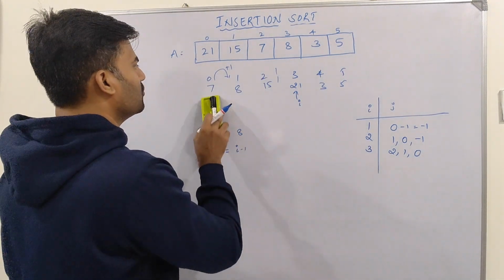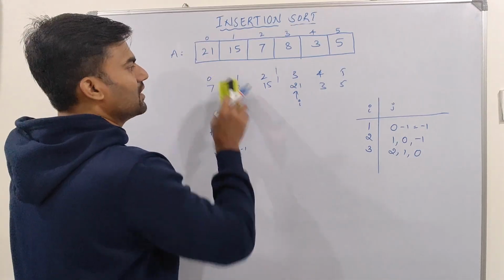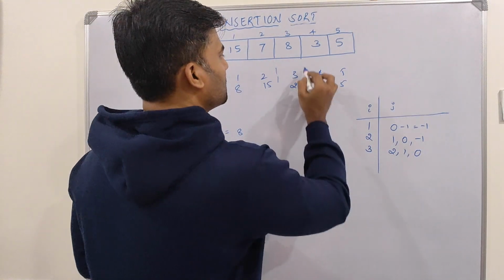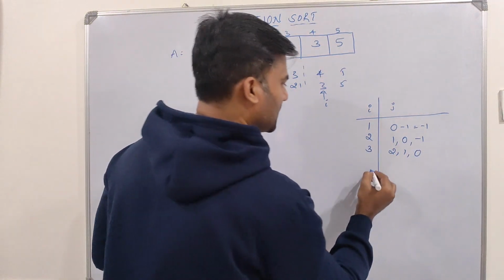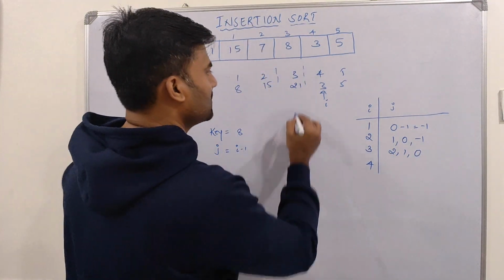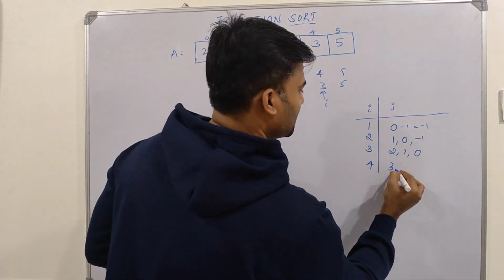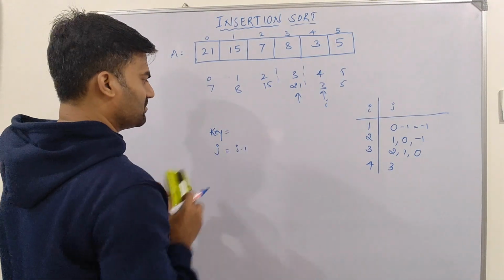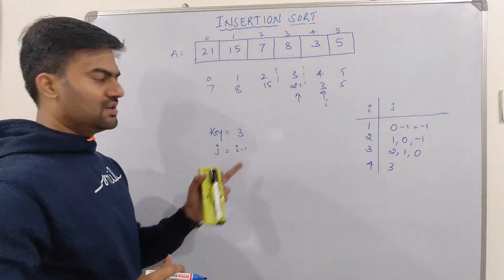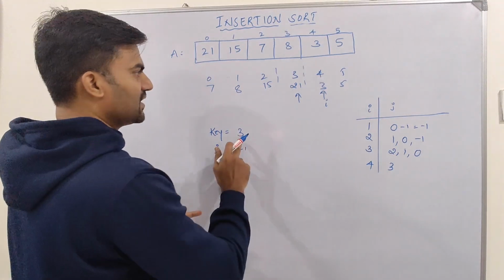Next I will move my i. So till here it is sorted. Now I will move my i here. So i becomes 4. j starts from 3. I should update my key before that. So 21 is greater than 3.